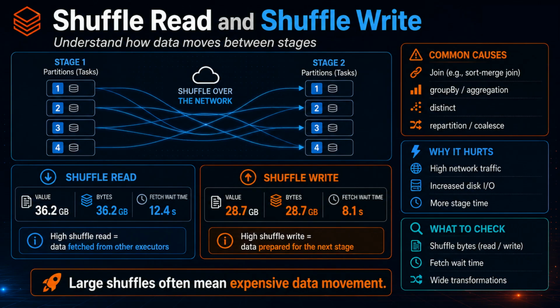Because large shuffles usually mean expensive data movement. They increase network traffic, disk input and output, and stage runtime. When you inspect shuffle metrics, look at total shuffle bytes, fetch wait time, and whether the transformation is wide. The key idea is simple. Large shuffles often mean expensive data movement, and expensive data movement often means slower jobs.